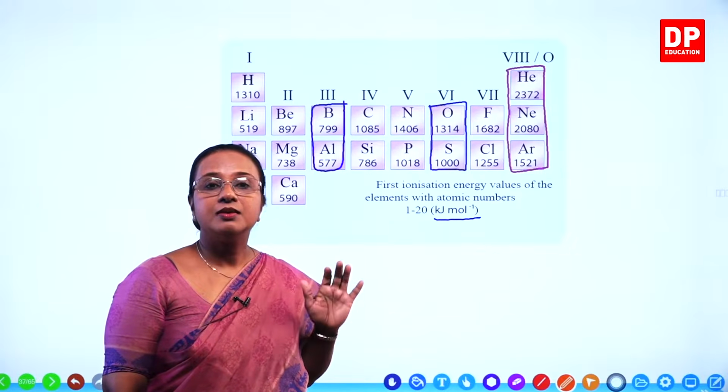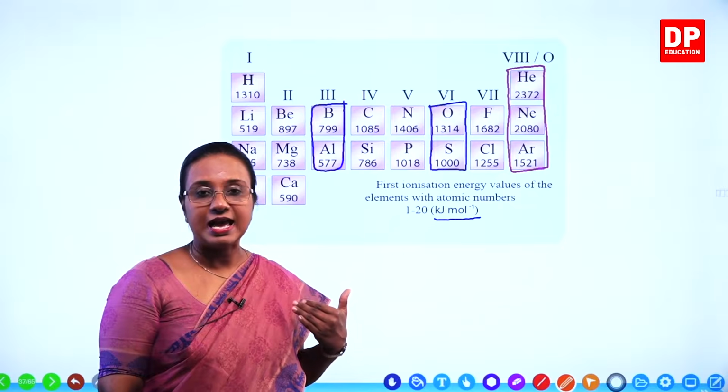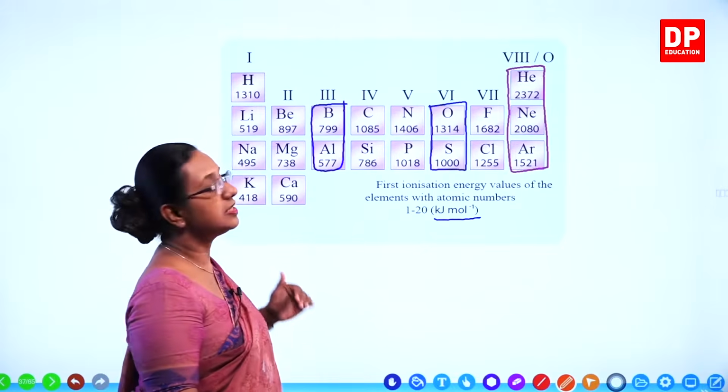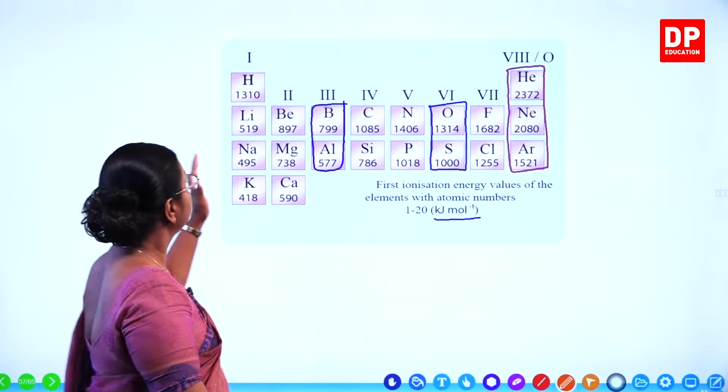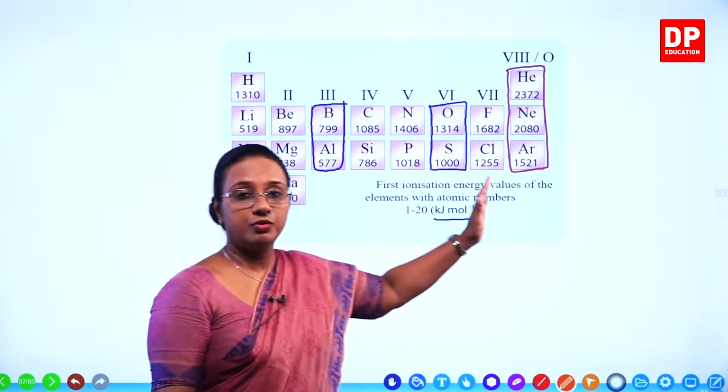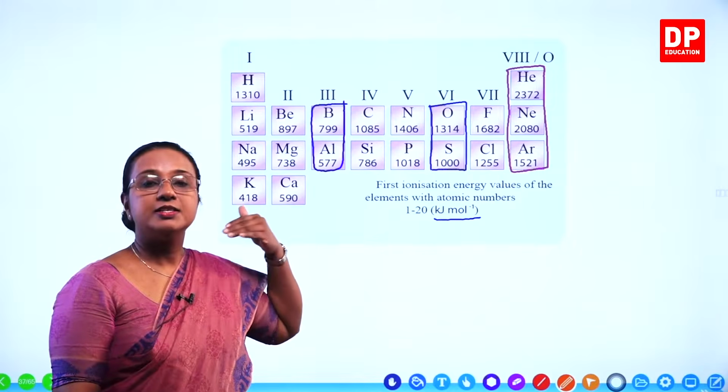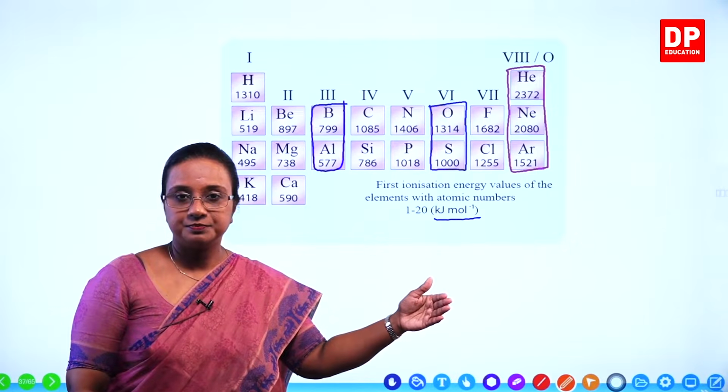This is what we talk about as the change of first ionization energy along the period from left to right. It shows a certain pattern.